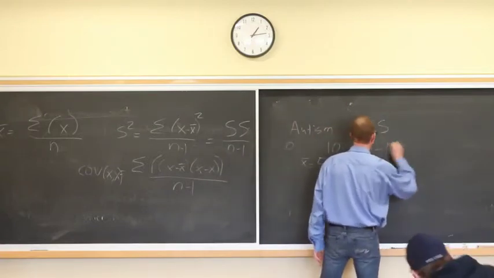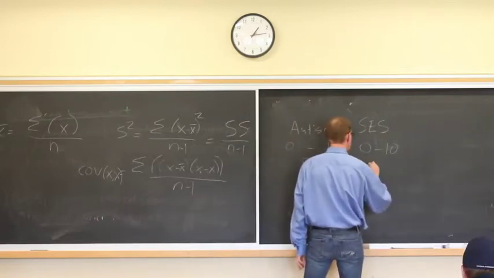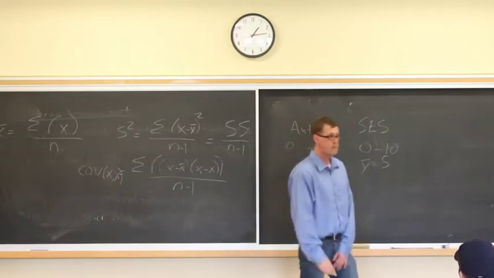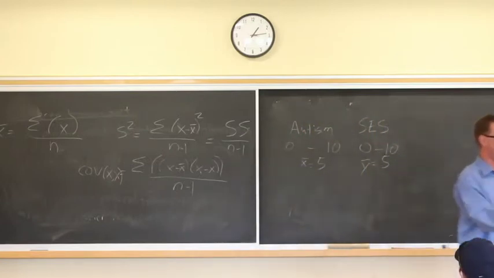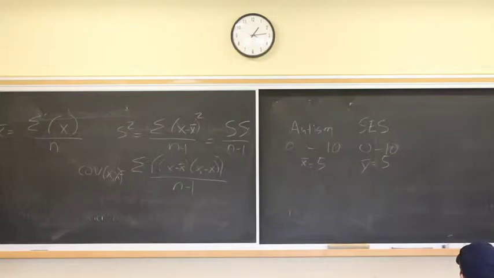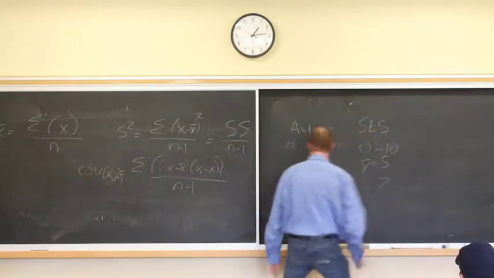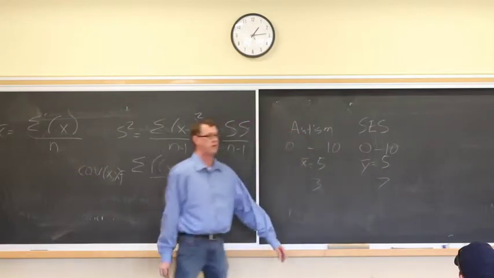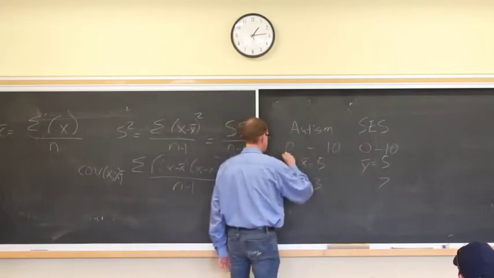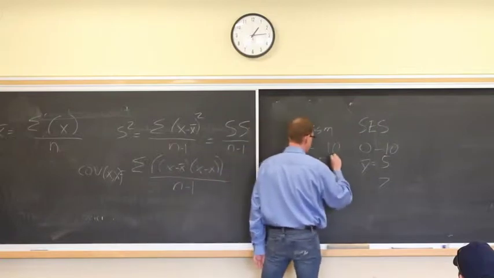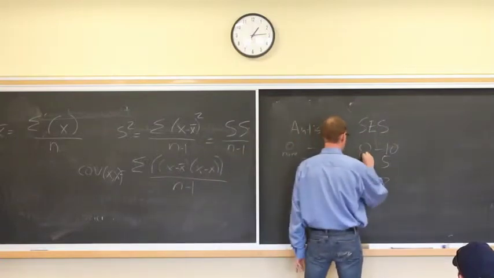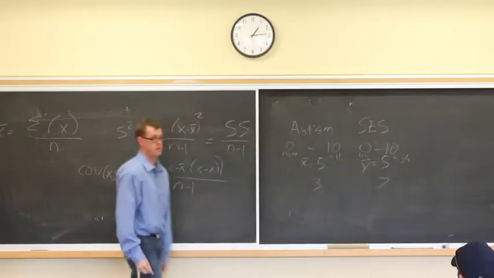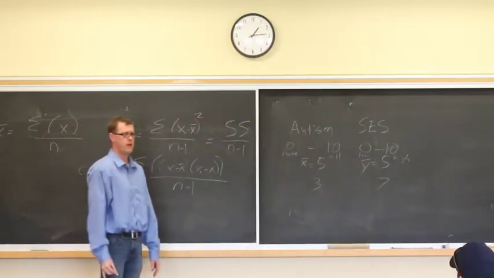SES, we've got the same type of thing, and the mean is, I'm going to call this y, also equal to 5. So then I come to Kat. And Kat, let's say her SES is 7 and her autism is 3. We need to know what this is. So high SES, low autism. Does that make sense?